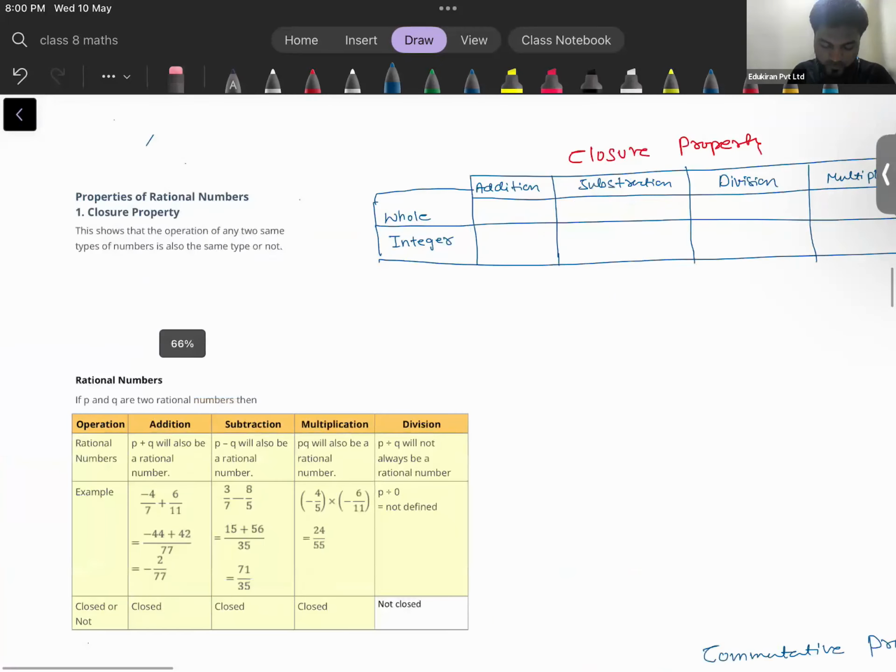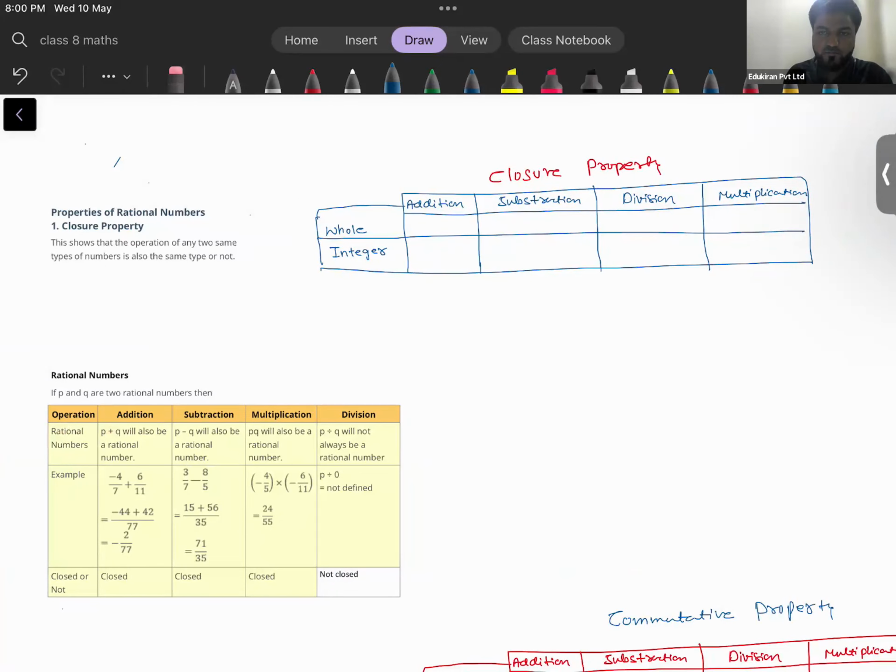So you see, the first property is the closure property, which we were discussing in the earlier class, in regard to whole and natural numbers. Closure property basically says that if you perform an operation on two numbers, whether addition, subtraction, multiplication, or division, and the result is also of the same kind, then the property holds.